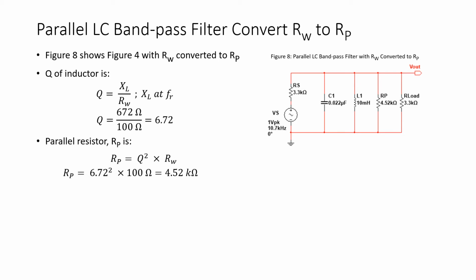The quality factor Q of the inductor is 6.72, and the value of the parallel resistor equals Q squared times RW. So the value of the parallel resistor for the circuit of figure 8 is 4.52 kiloohms. This gives us a purely capacitive branch in parallel with a purely inductive branch, so these two currents will cancel at resonance.